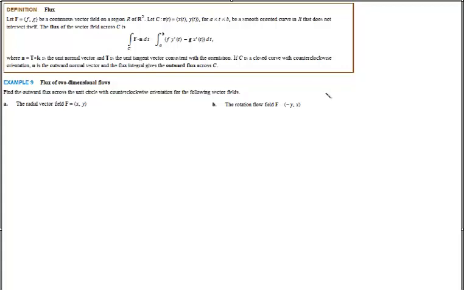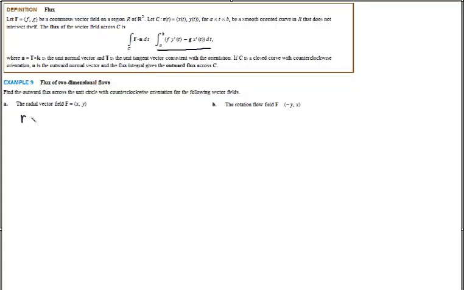Very similar to what we have been doing, we are defining flux to be this force vector, this field, dot product with the unit normal vector, and we're going to define it to be this. So this is our flux, and we are to find the outward flux in the counterclockwise direction.